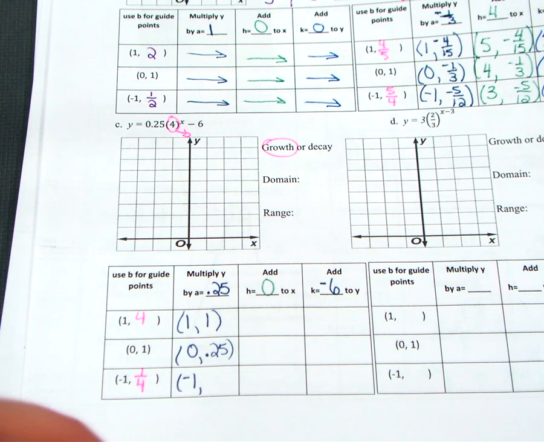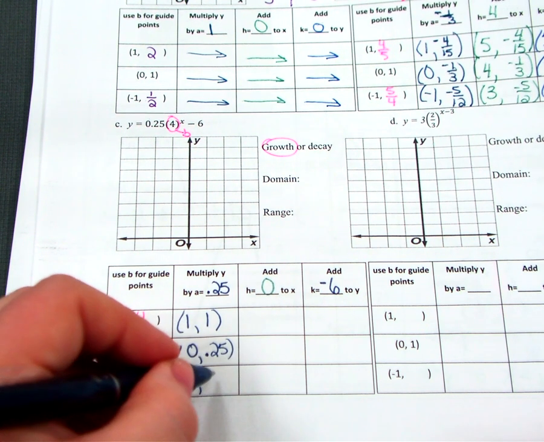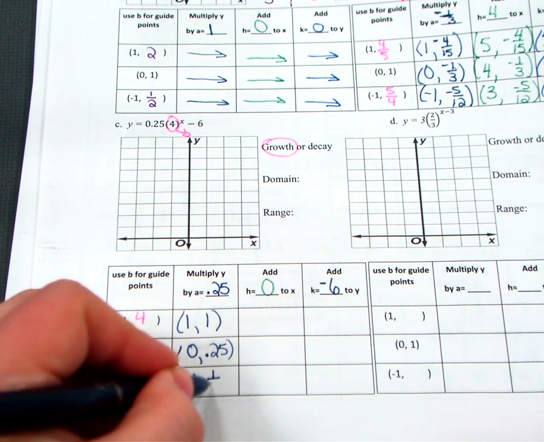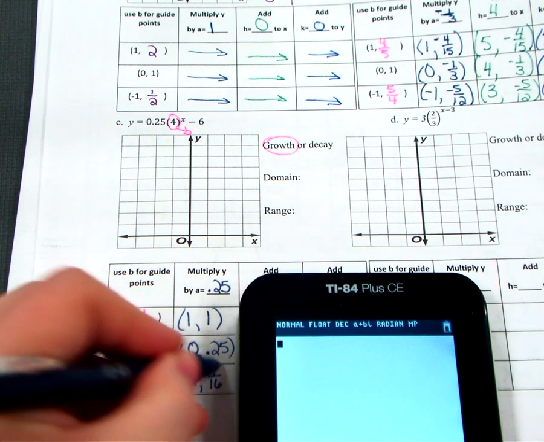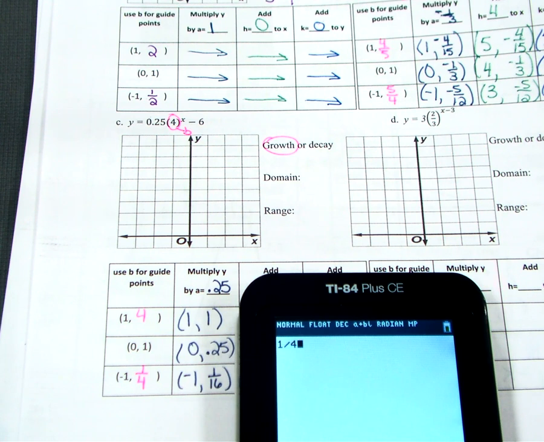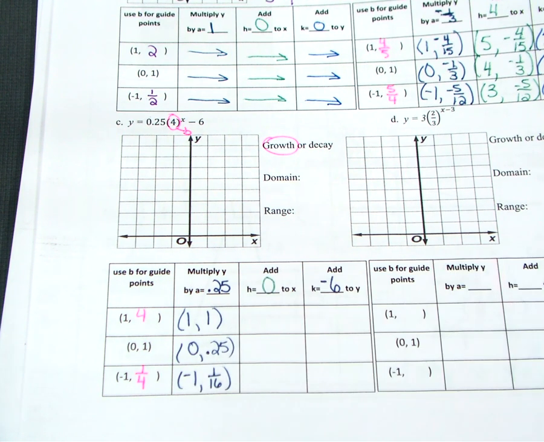And then 1/4 times 0.25 is going to be 1/16. You can just type it in on your calculator and write the decimal if you'd prefer that. So I have 1/4 times 0.25. So you can write 0.0625 or you can write the fraction.